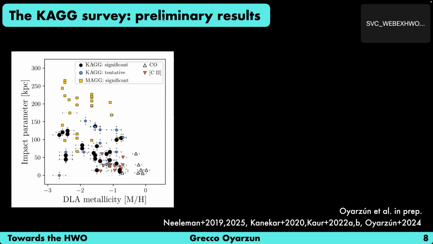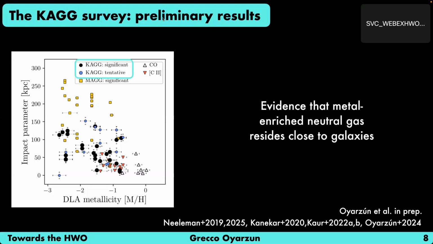This is the compilation of results from the literature, and measurements from CAG correspond to the black circles for significant detections and blue circles for tentative detections. What we see is an indication of an anticorrelation between impact parameter and DLA metallicity, which is basically consistent with expectations we would have that the closer the neutral gas is to galaxies, the more enriched that gas is going to be.